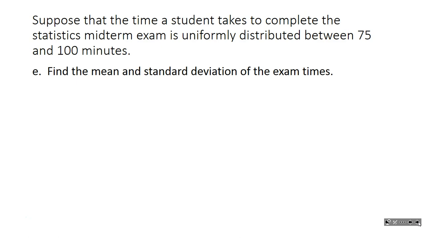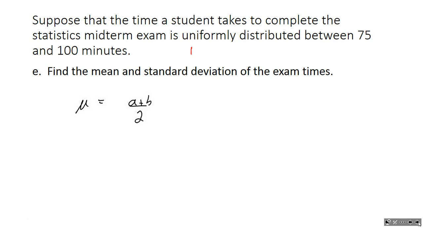Let's go ahead and this time we're just going to compute the mean and the standard deviation. These two formulas were found both in the text and in the author video. To calculate the mean, the formula for the mean is a plus b over 2. Now let me just go up at the top.